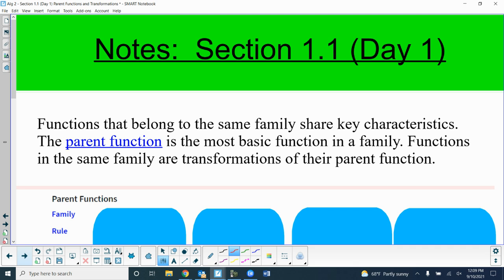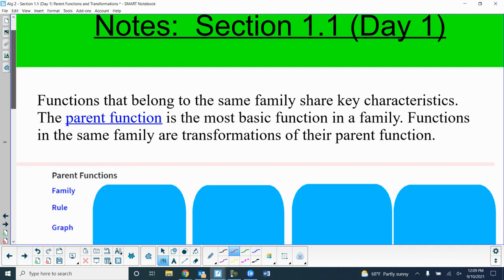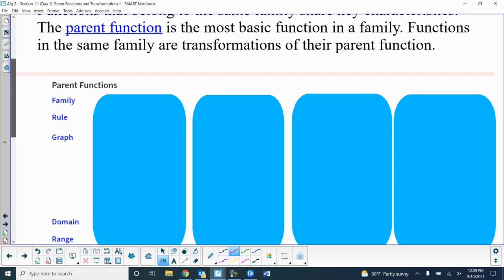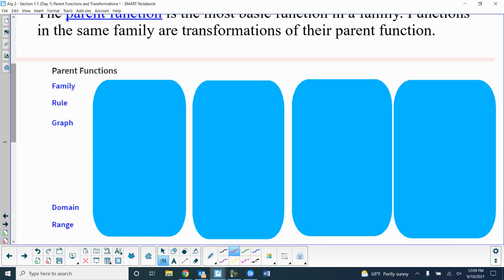We're going to talk about transformations in a minute. You might want to write all this out or keep it for reference to do your homework tonight, because you're going to be asked what family the function belongs to, and they're going to want you to graph that function and the parent function it belongs to.